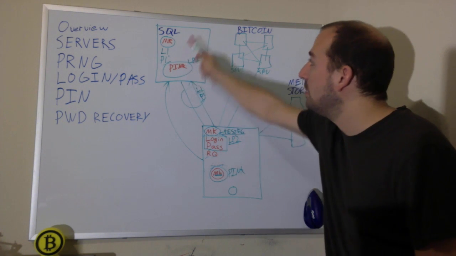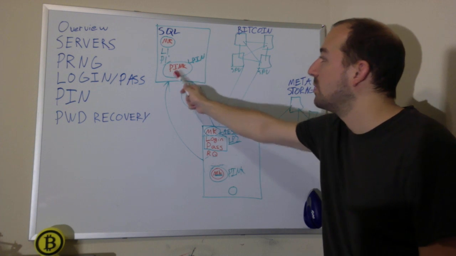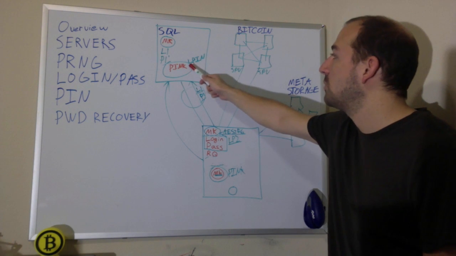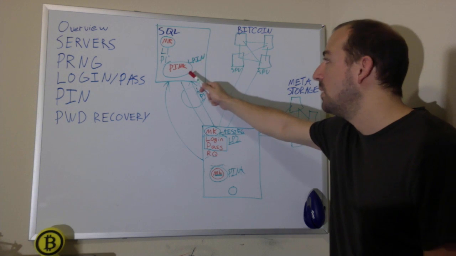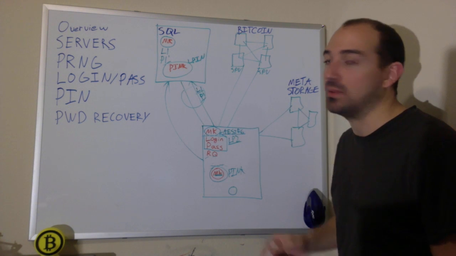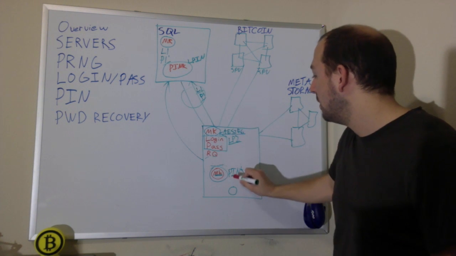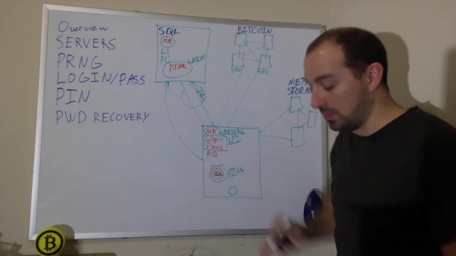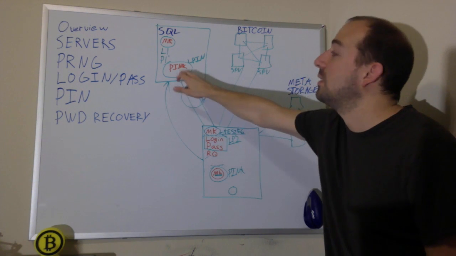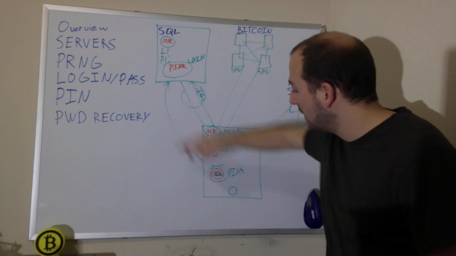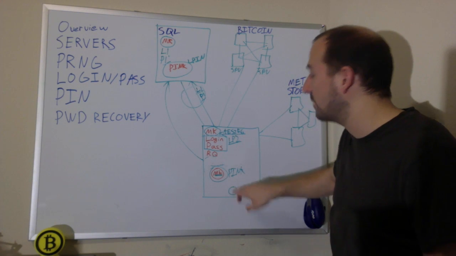Even though the server up here holds this pink, it gets a hash of your login and PIN, so it wouldn't be able to decode this, because a different hash decodes it, so they can't even get this. Now this gets sent down here and it unlocks your master key.